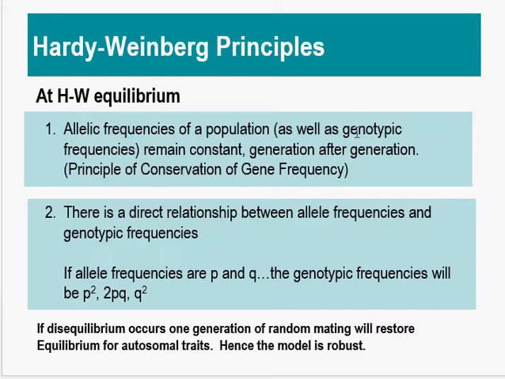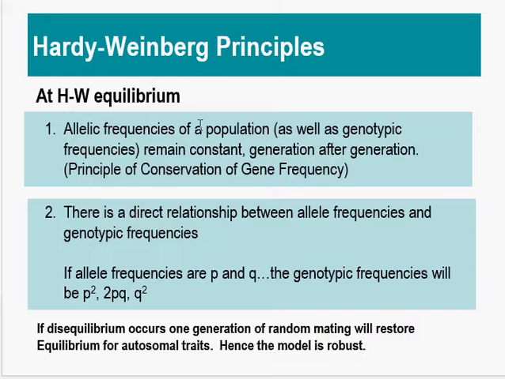So if you are finding that your genotypic frequency changes from one generation to the next, that means that the allelic frequency is going to be different, and therefore the population is no longer at Hardy-Weinberg equilibrium.